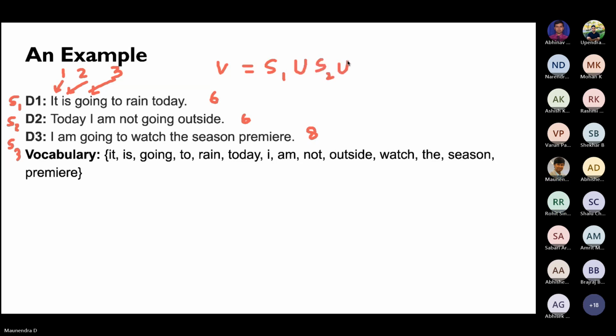So the vocabulary is a set which is the union of these. If we have I different documents, it will be the union over all Si. And the number of words in this vocabulary will be the cardinality of this set. The vocabulary is a set.